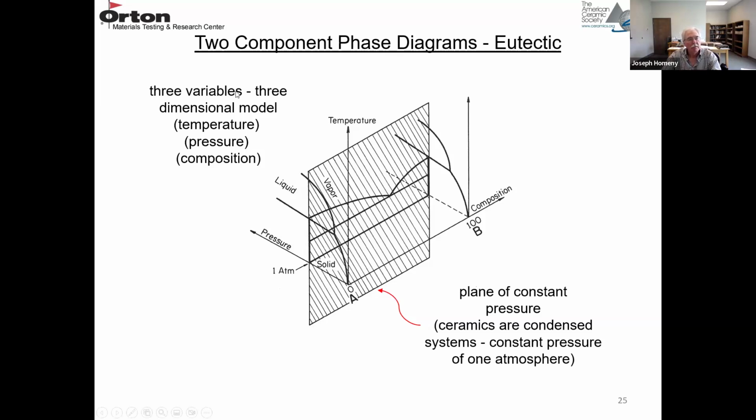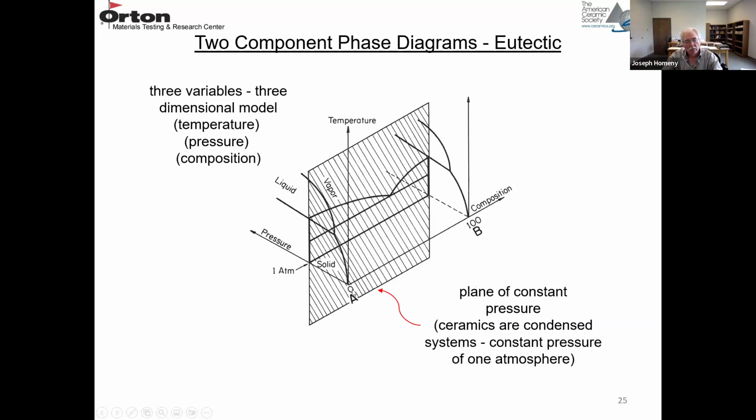So there are now 3 variables: temperature, pressure, and composition. And this is a 3-dimensional model of what a 2 component phase diagram looks like. So now we have a component A and a component B. We have composition in this direction, temperature in the vertical direction, and then pressure in this direction.